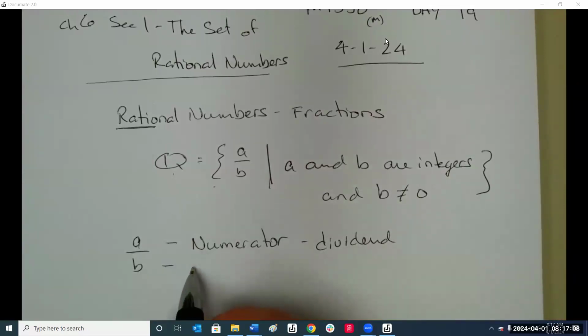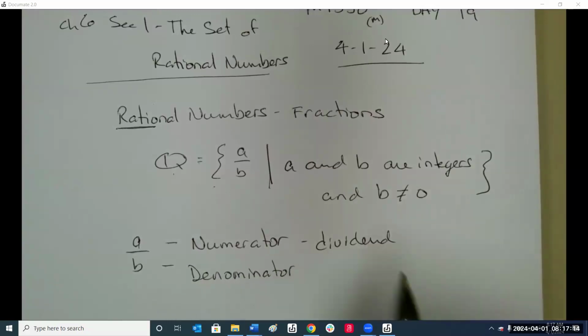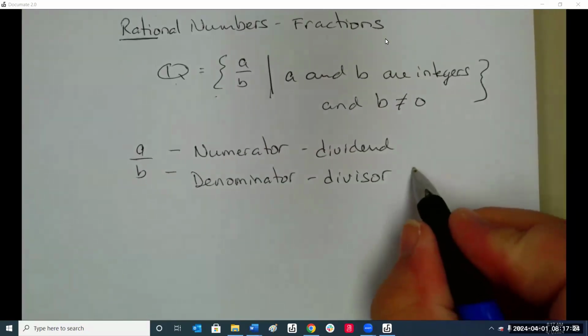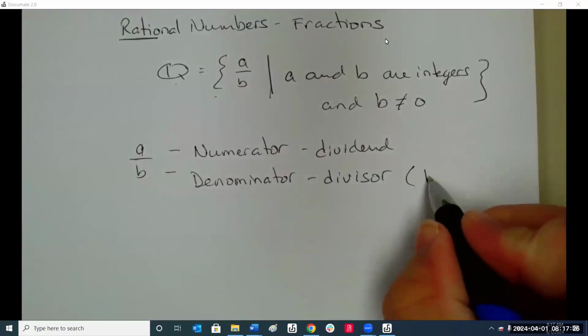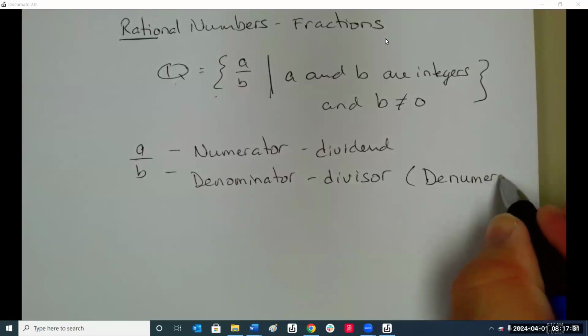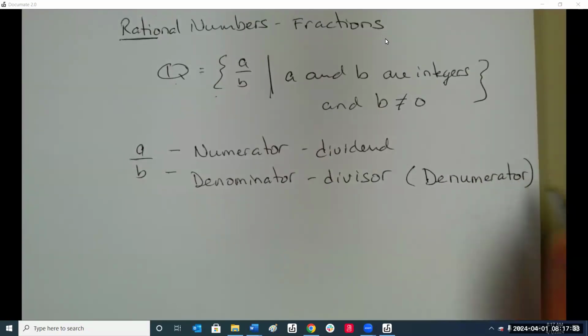The bottom number is called the denominator, or the divisor. It used to have another name, but we don't use it anymore. It used to be called the denumerator.